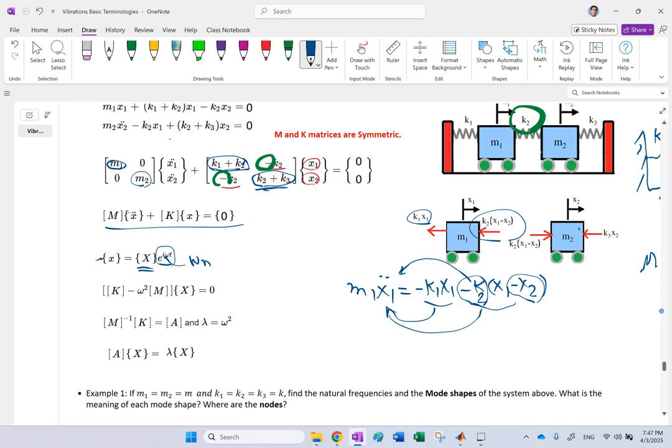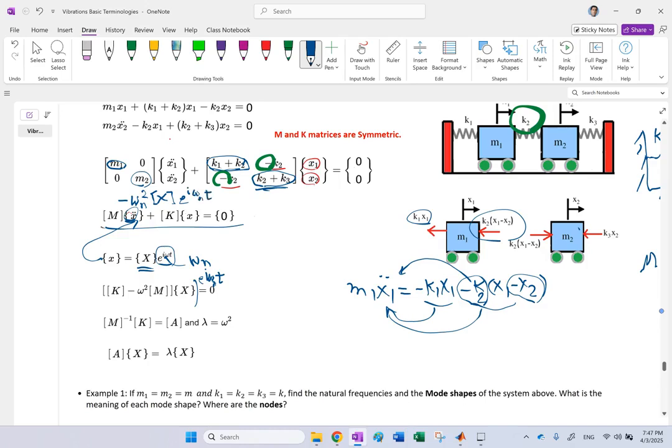If I plug in this solution here, x double dot is going to be negative omega squared times x. This whole thing is actually going to be multiplied by e to the i omega t, or omega n t. So this x double dot is going to be negative omega n squared times magnitude x times exponential of i omega n t.